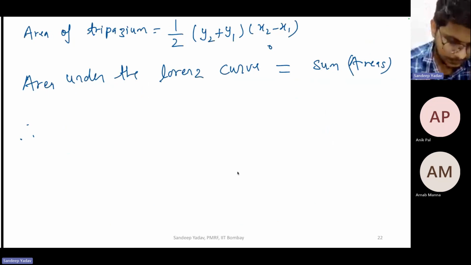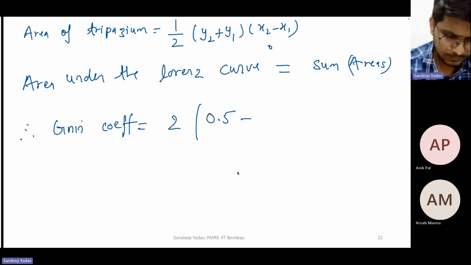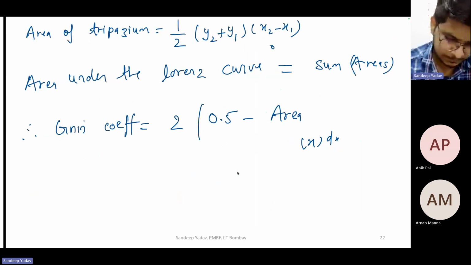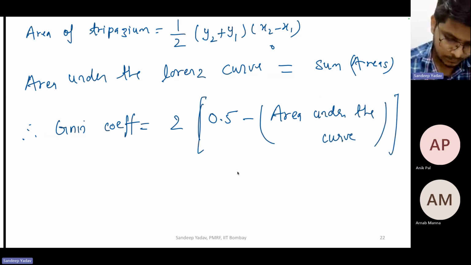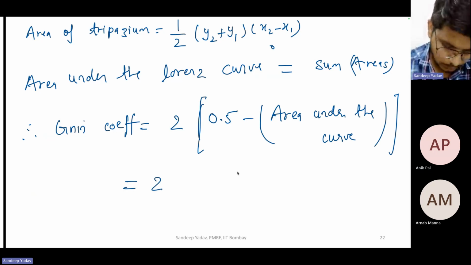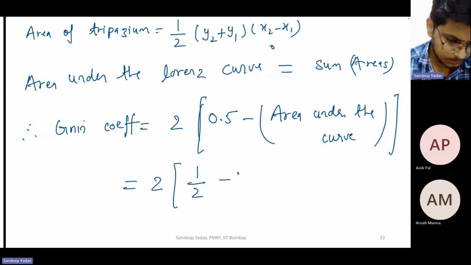Now if you see the Gini coefficient, we know what the Gini coefficient is. Gini coefficient is 2 times (0.5 minus the area under the curve), where the integral of L(x) dx is the area under the curve, correct? So we are solving for the area under the curve. So that will be 2 times (0.5, we can write it as 1 by 2, minus...).